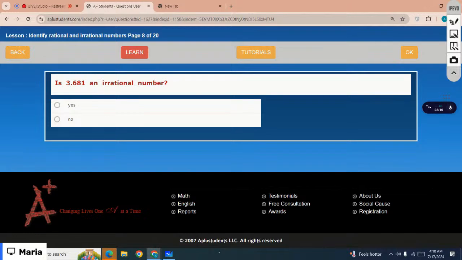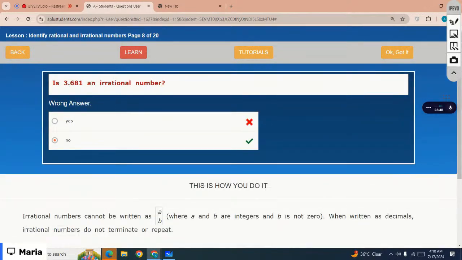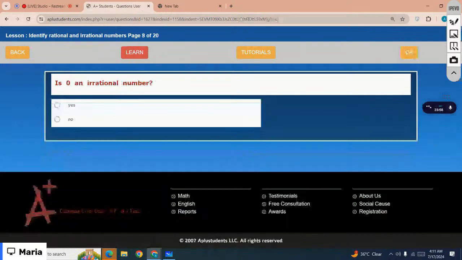Is 3.681 an irrational number? 3.681 is a rational number because that is a terminating decimal. So it is not an irrational number.